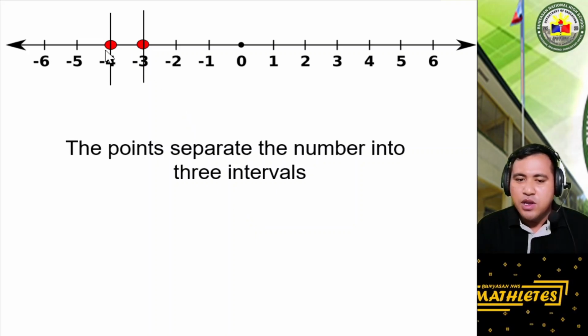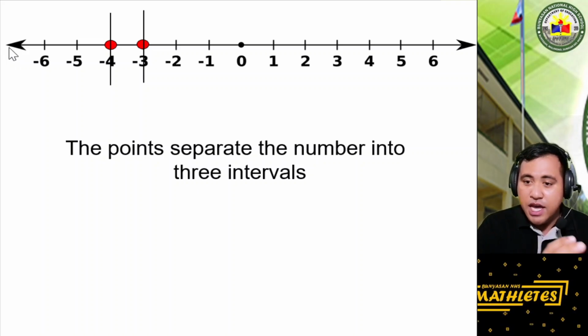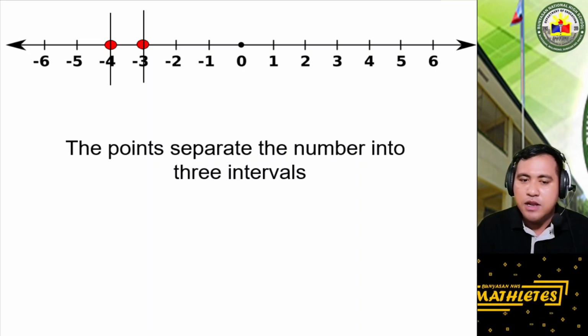An interval is a set of points. The first interval is the set of points that are less than negative 4. The second is the interval from negative 4 to negative 3.